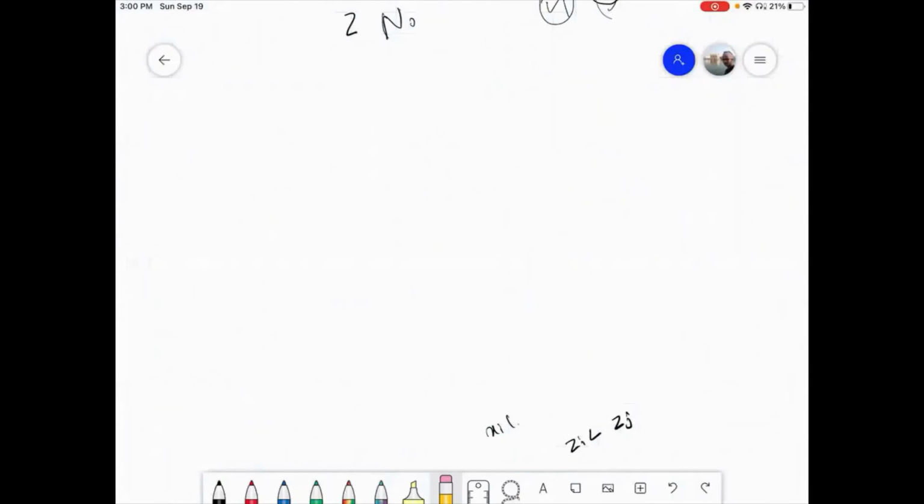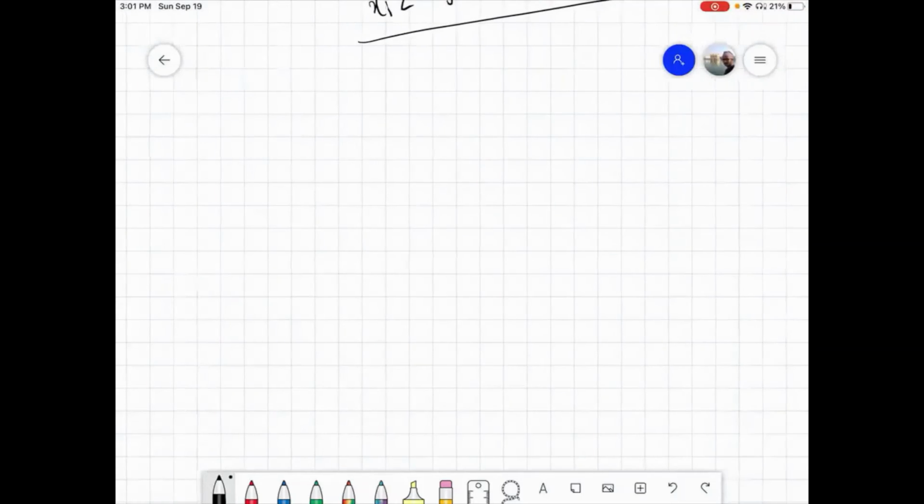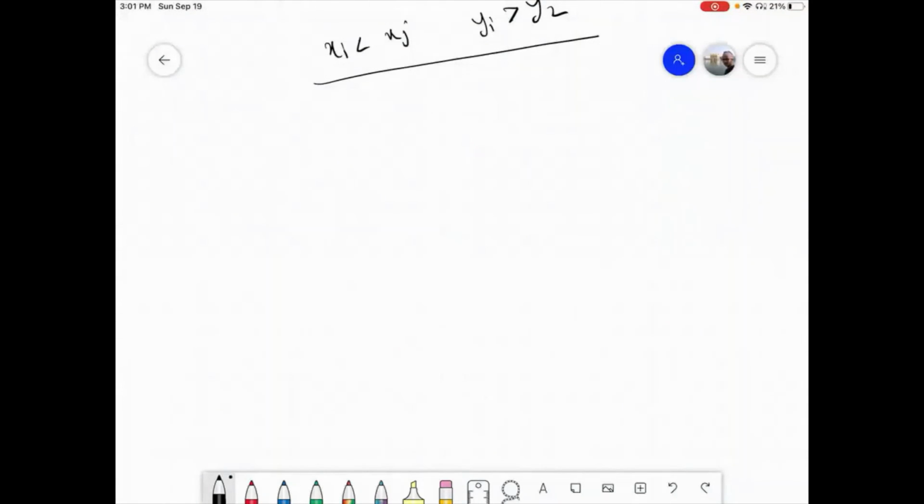In order to prove this, we make another claim where we say that there exists an i and j such that x of i is less than x of j, and y of i is greater than y of j. We will prove this claim later. Coming to this, we also define a function f of w that is equal to wi minus wj.